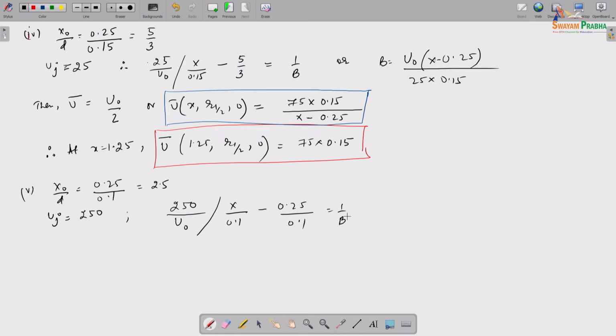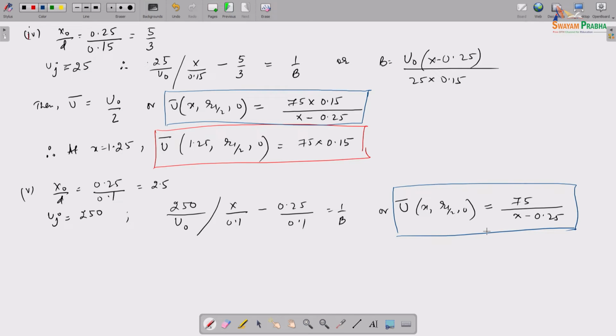Okay, so then u mean x r half, this is equal to this.